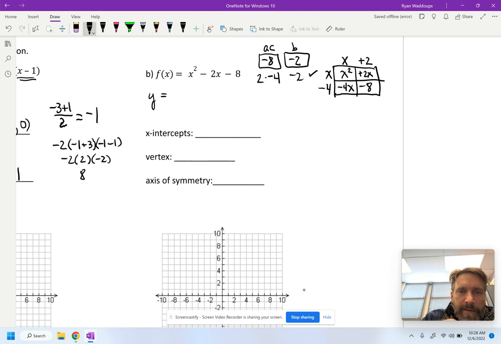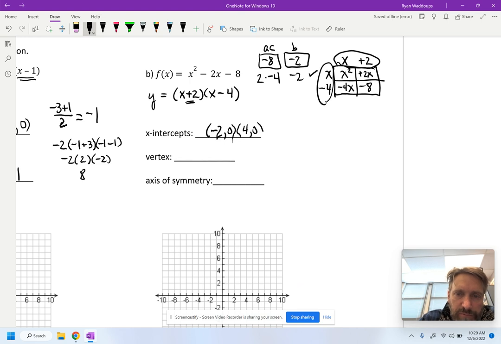It's the same thing, is equal to x plus 2 times x minus 8. Not minus 8, sorry, x minus 4 from our factors that we found here. And the x-intercepts then are the opposite of what we see in the numbers there. So that's not plus 2, but minus 2, comma 0. And over here, since it's minus 4, it's plus 4, comma 0.